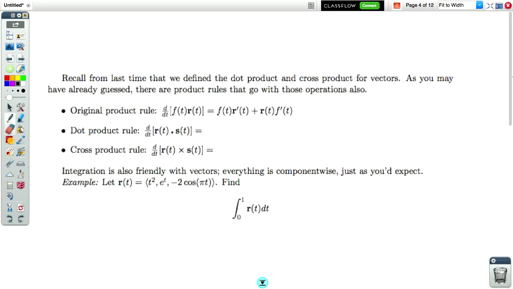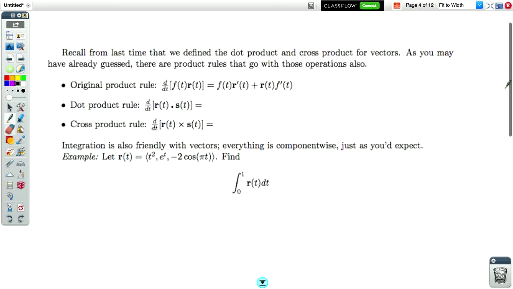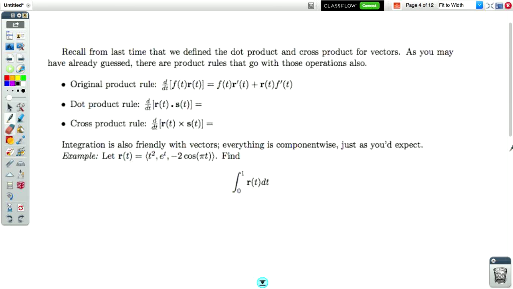So now that we've gone over the dot product again, it's a good time to think about how differentiation works with these new forms of multiplication that we defined last time. Last time we talked about the dot product and the cross product, which was our new information from that lesson.